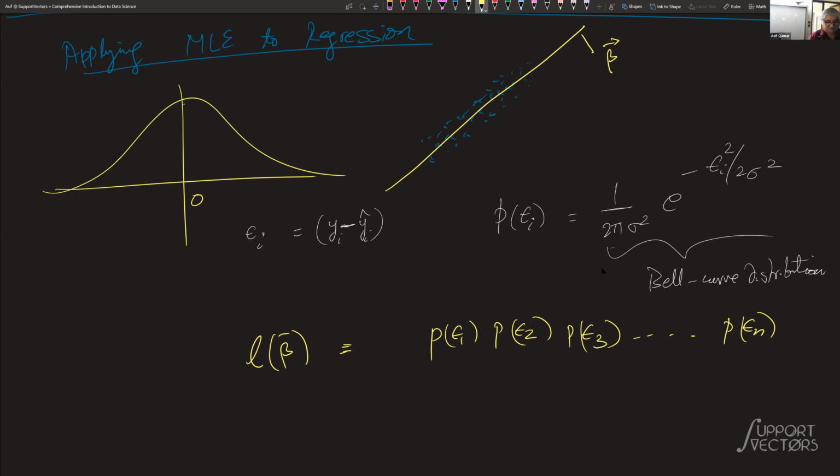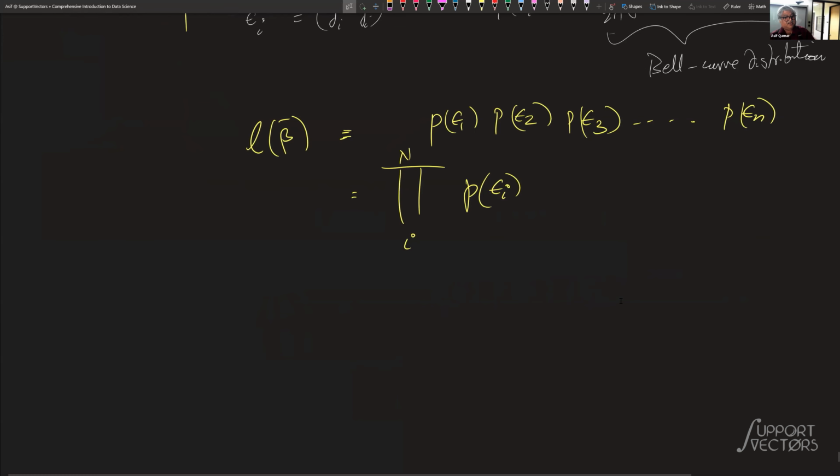Now, what is this probability? This is, in other words, the product over all the data points of the probability of epsilon i. Very simple. Actually, for regression, it's much simpler. Can I write it in this notation, so that I don't have to write p all the time? And what is this? Let's break it up into individual cases.